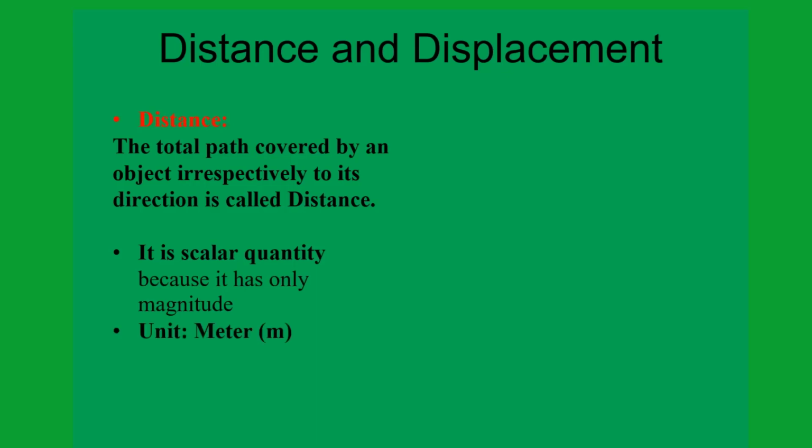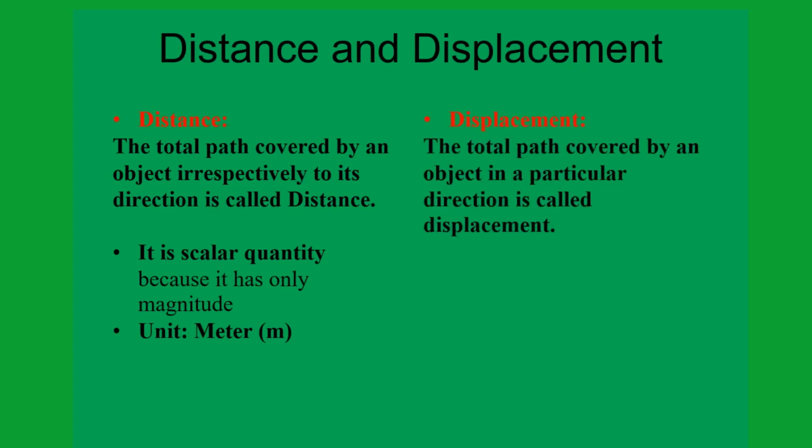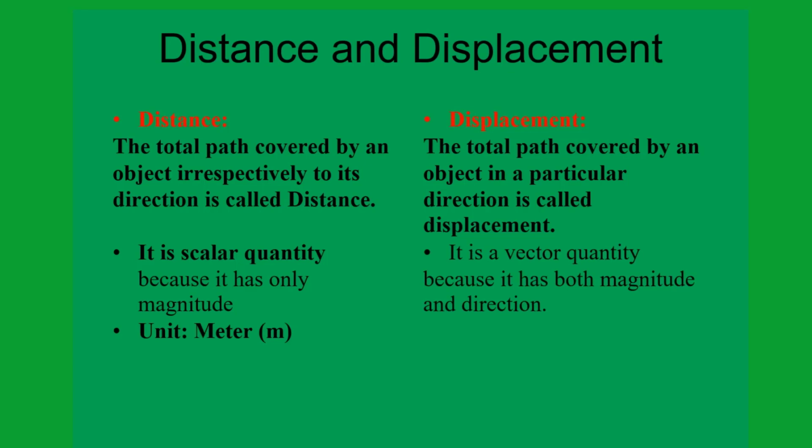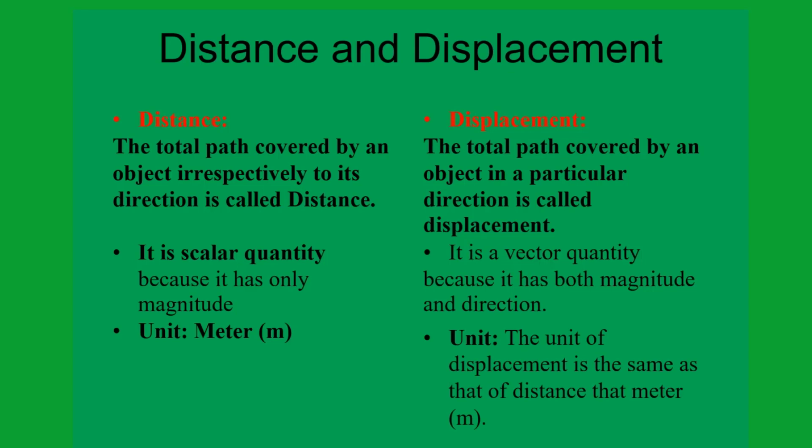Unit: meter. On the other hand, displacement: the total path covered by an object in a particular direction is called displacement. It is a vector quantity because it has both magnitude and direction. The unit of displacement is the same as that of distance, meter.